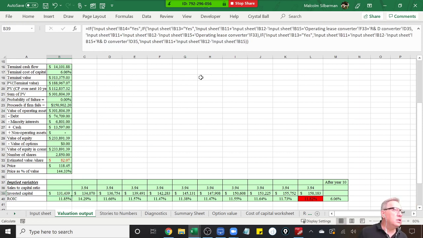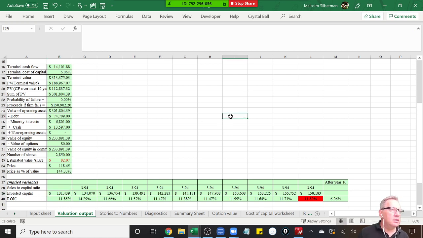So what he's doing is, in the beginning here, he takes cell 11 plus 12 minus 15. And what that is: book value of equity, debt, cash. And so he adds those two and he subtracts out cash.